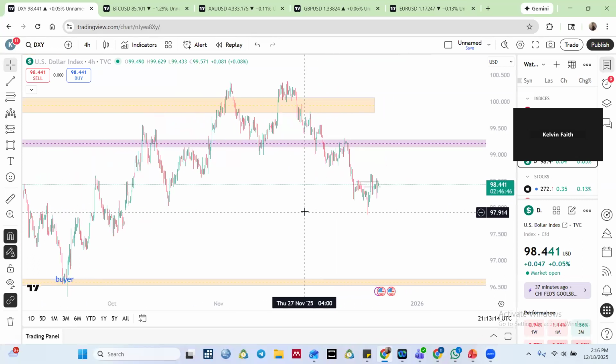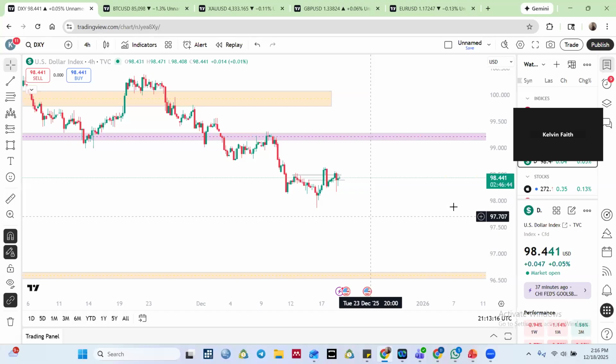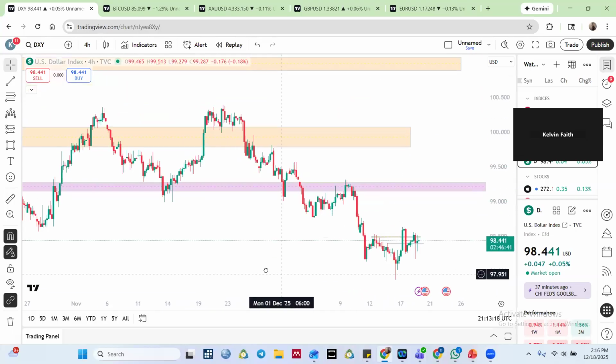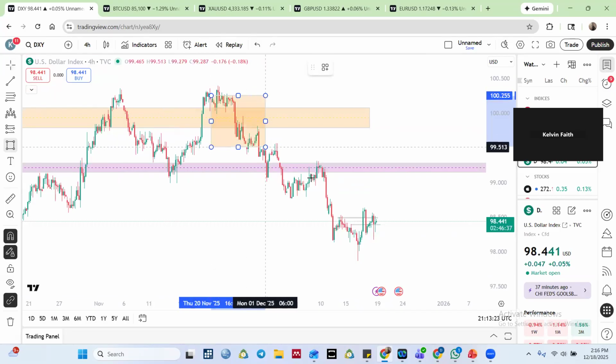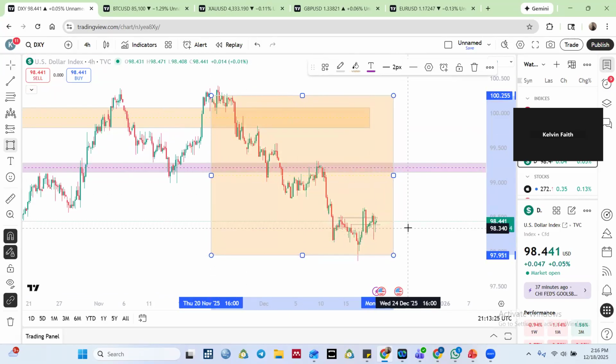So two things. Let's look at this current leg from top here to down here. Let's look at the trend.